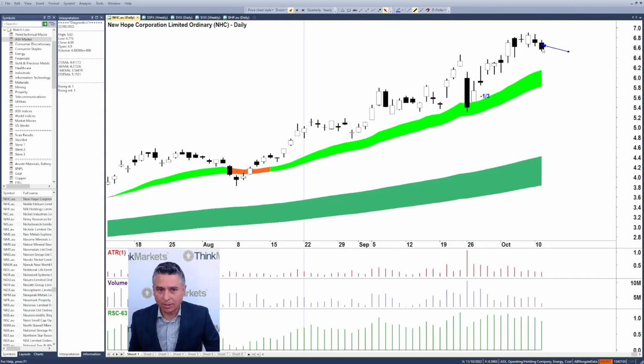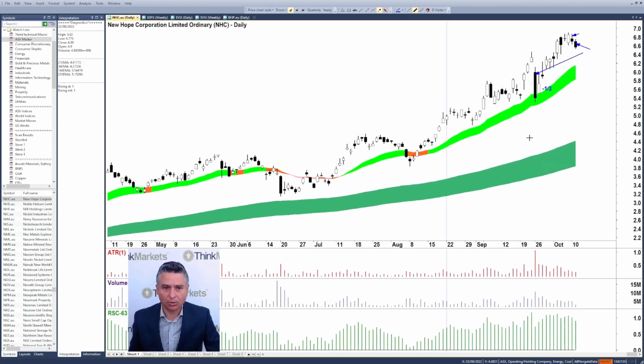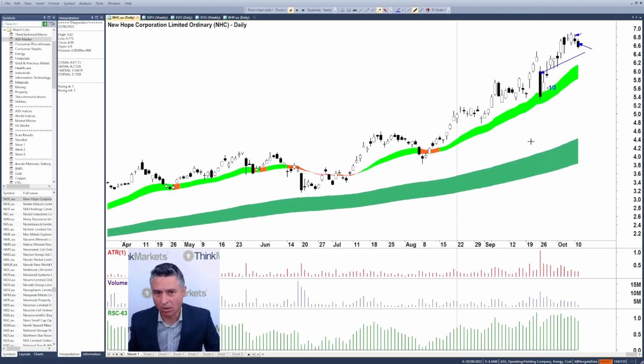If this starts to mirror, say, this candle over here, so we're starting to look more like that, then that would be enough of a signal, I think, to lighten the load again, to trim this one. But this candle here, I'm not too fussed about it. And this is just the size of the supply candles compared to the strength of the demand candles. I don't think there's anything to fuss about here right now. So if you've trimmed, hang on. If you've got a full position, I still think hang on to this one. I don't think there's anything too sinister going on.